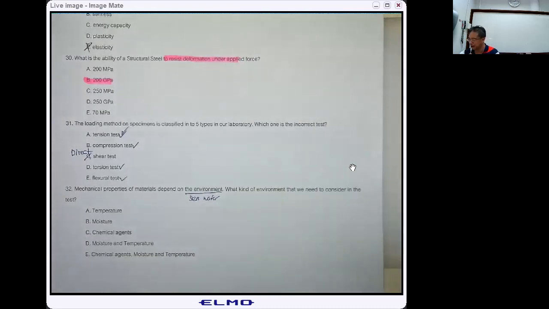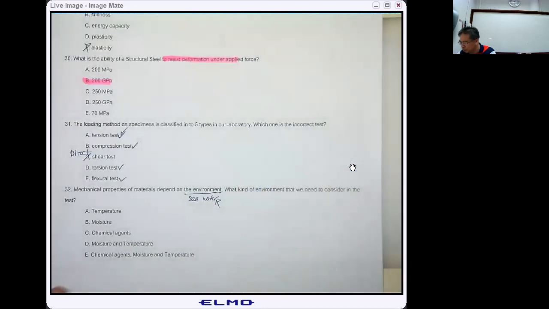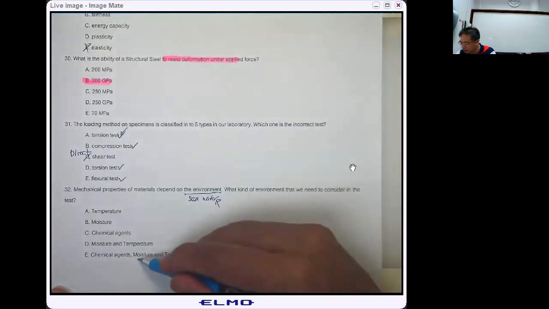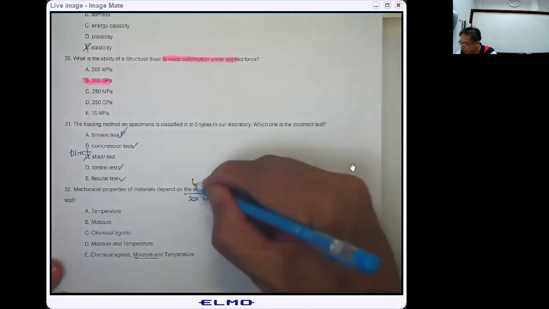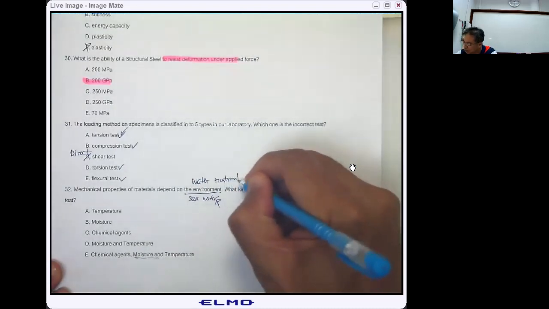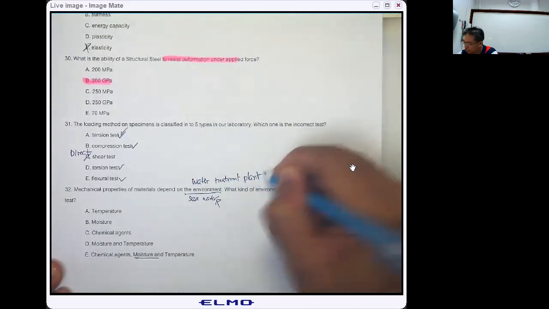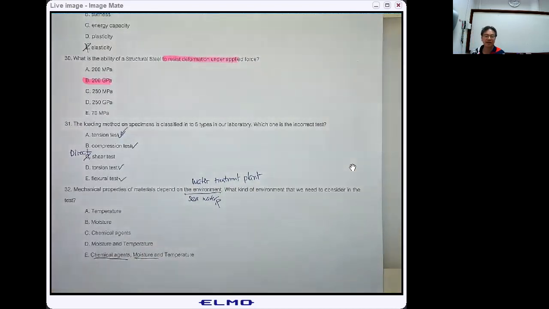For sea water, you're going to have some kind of moisture for sure, and in the water treatment plant, you're going to consider the chemical agent that's in the wastewater.